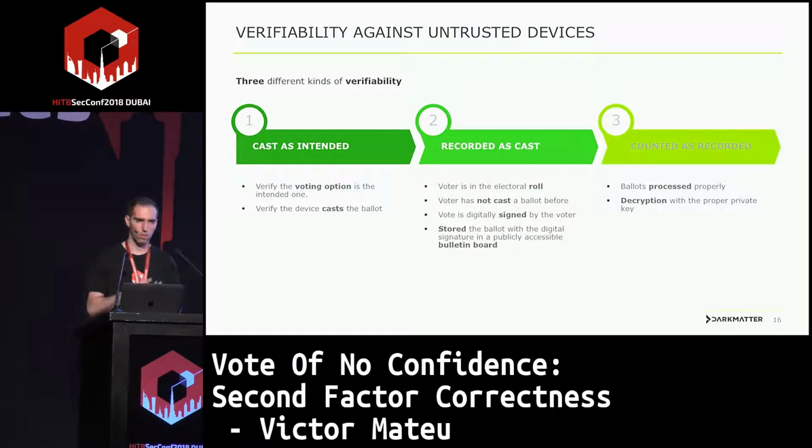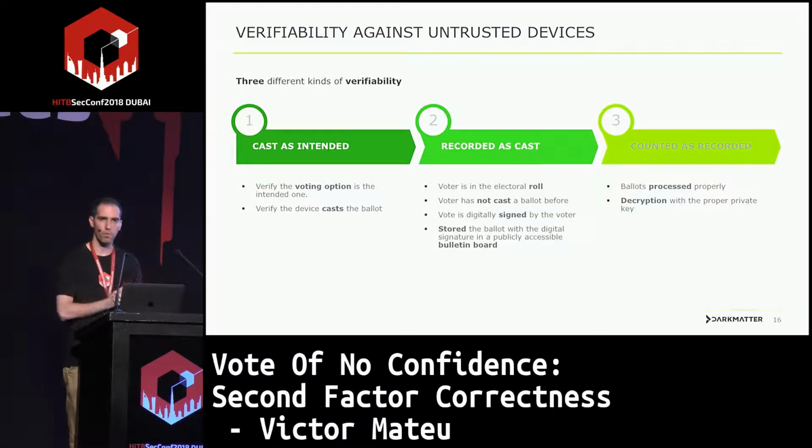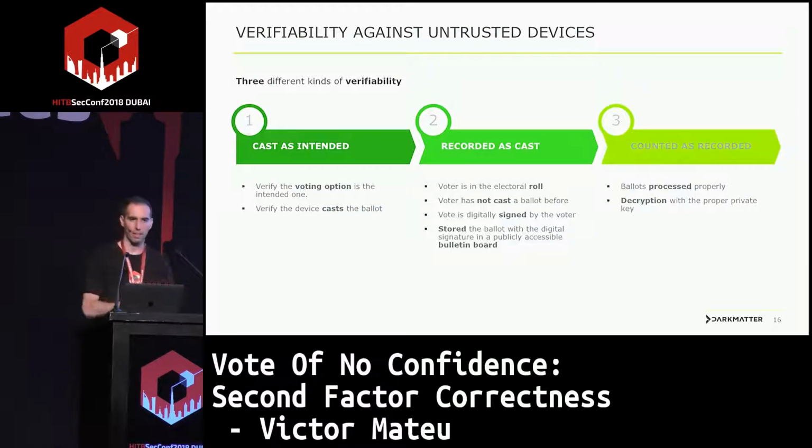Then we have the second part, which is called recorded as cast, which means if this information is modified during the communication, can we detect that? Can we prevent that from happening? Can we ensure that this didn't happen? This is another kind of verification. I would say it's maybe the easiest one to achieve.